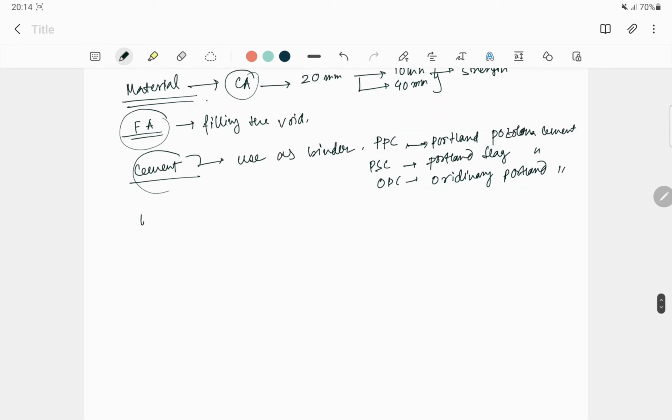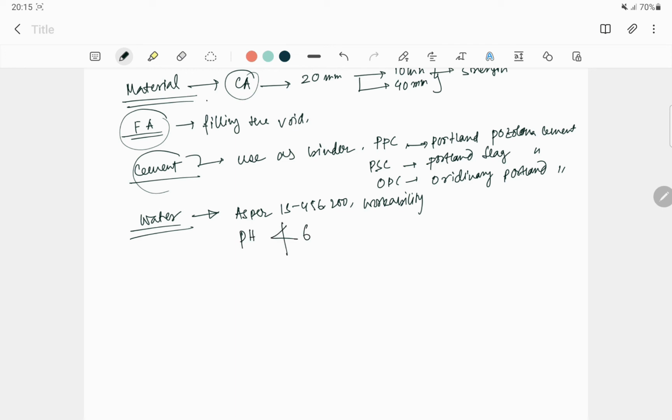And last is water. As per IS code, IS 456 2000, or as per workability, we use the water, and definitely the pH value should not be less than 6.